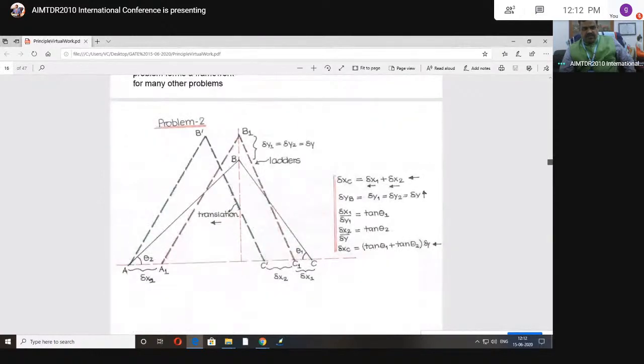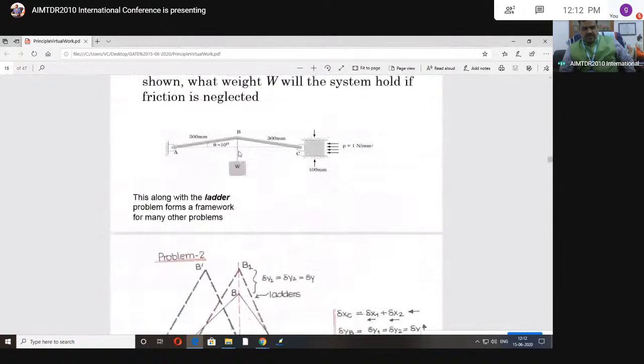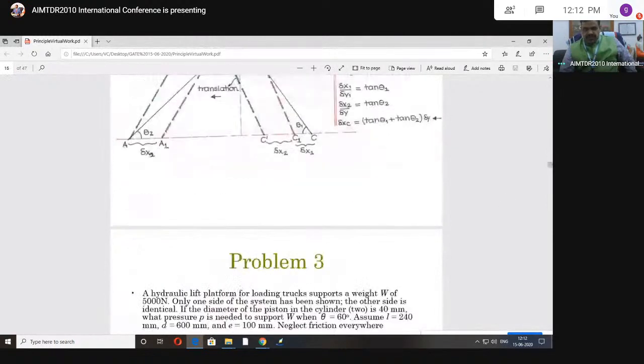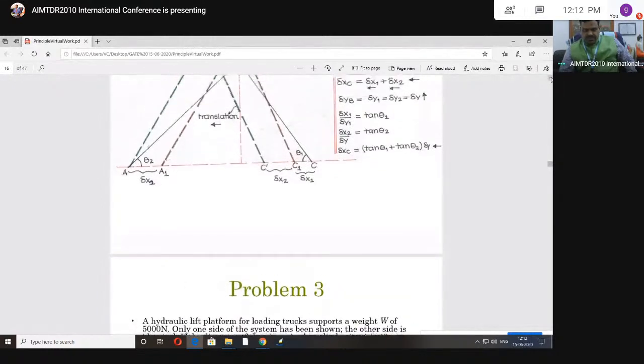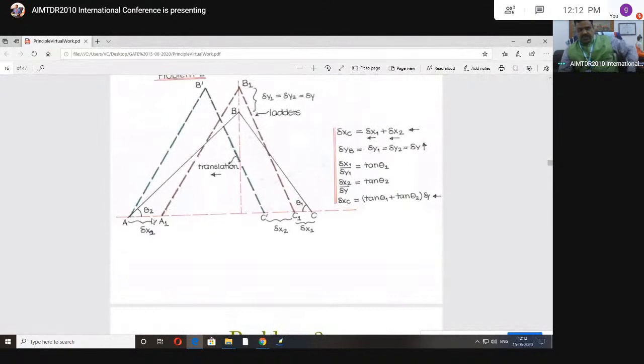Initial is A, B, C. That is with a little bit of a handmade picture we have considered here. A, B, C move to delta x displacement. A1, B1, C1. And from here to positive, and from here to negative. C dash, B dash, A dash.